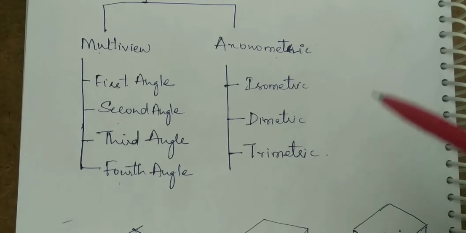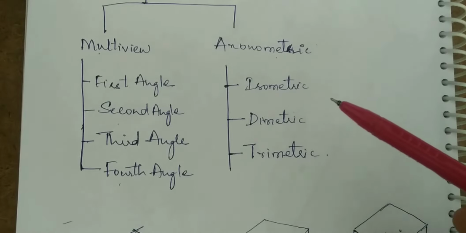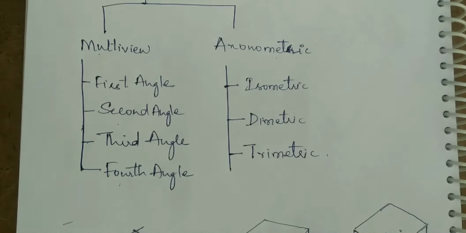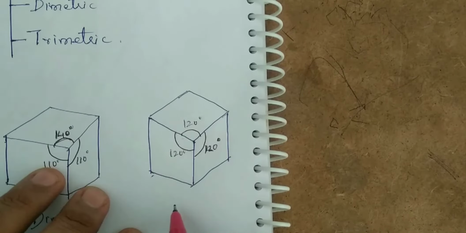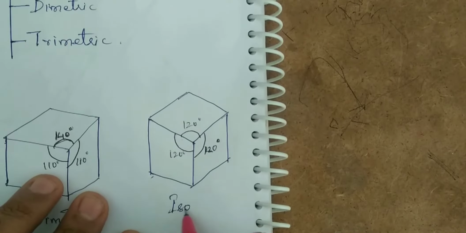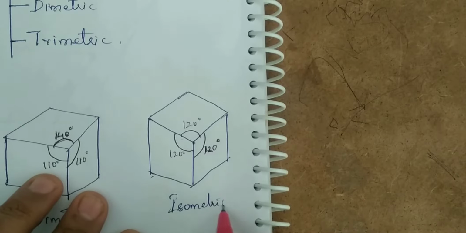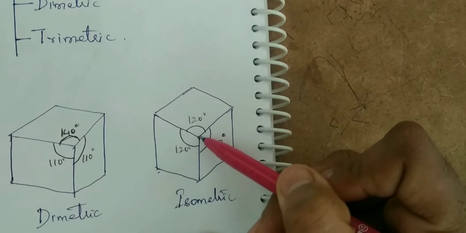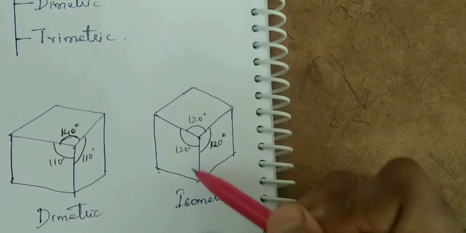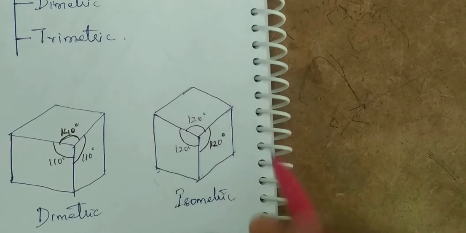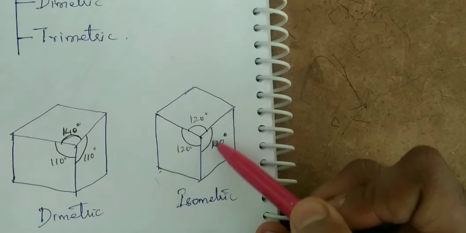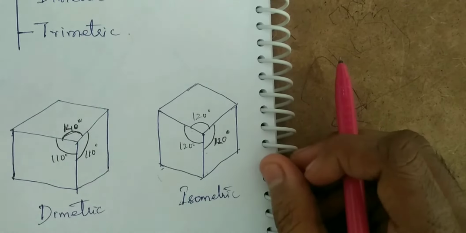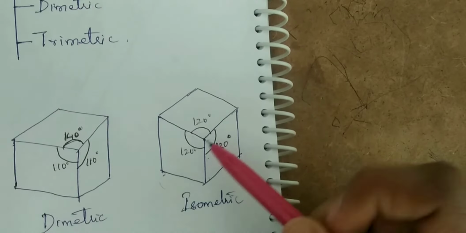Before going further, let's see what is meant by an isometric projection. This is my isometric projection, with these axes and these faces. The faces are placed in such a manner that the angles between them are equally inclined.